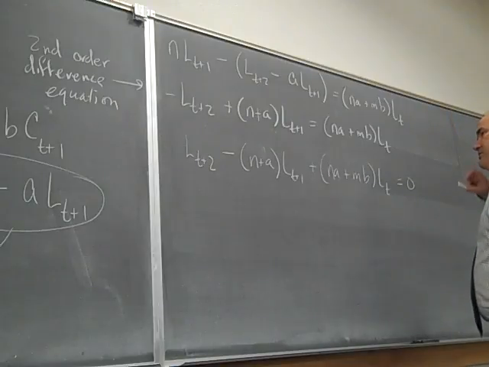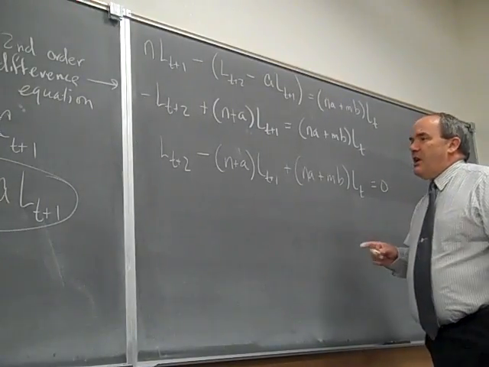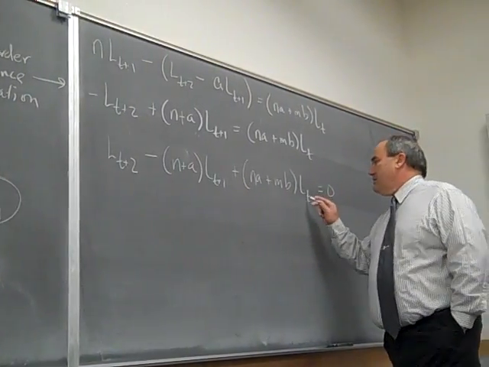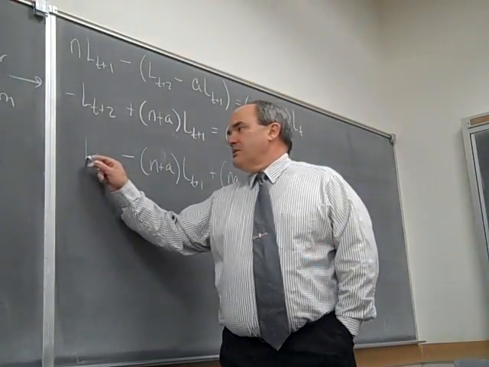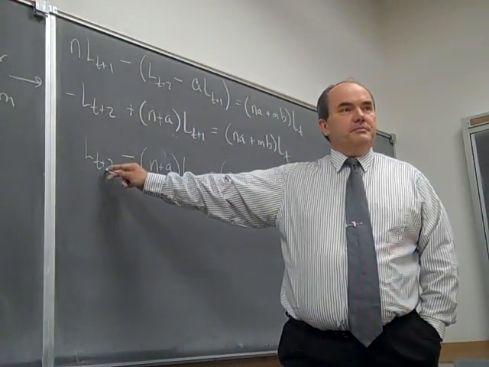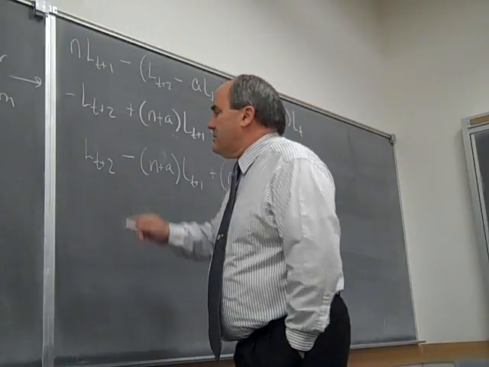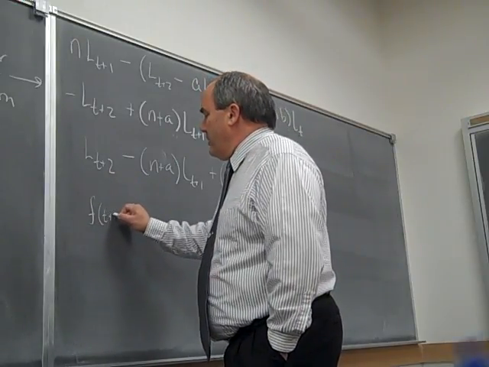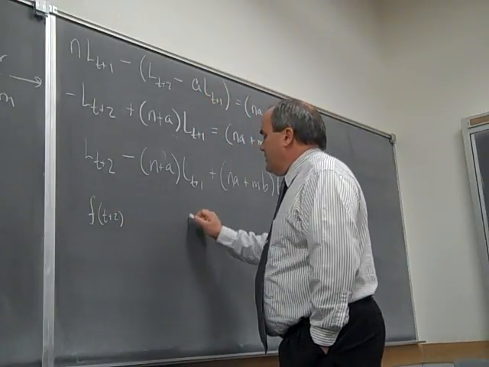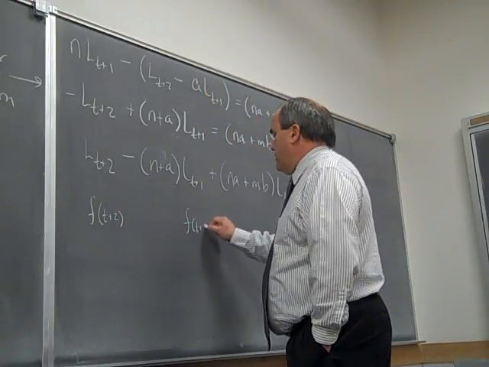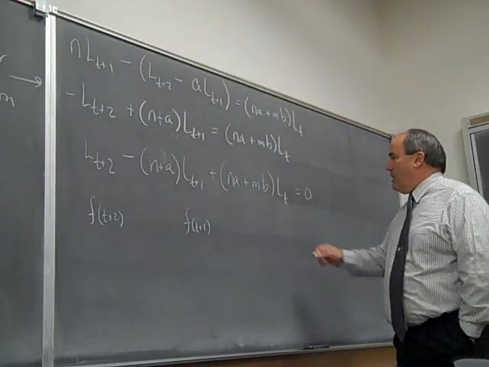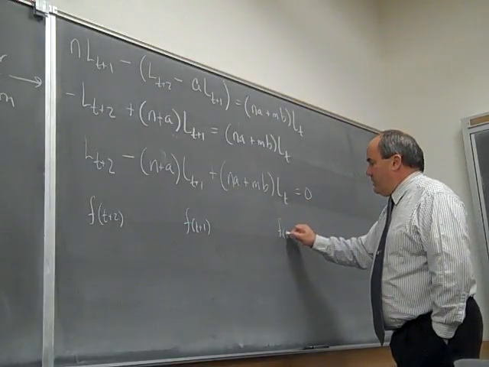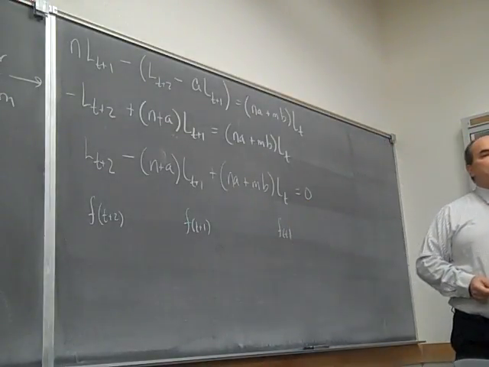The way we're going to do it is we're going to stop and think about this for a second. L sub t is a function. So really, this is the same thing in essence as taking a function and evaluating it at t plus 2. This is the same thing as taking that same function and evaluating it at t plus 1. And then this is evaluating it at t.